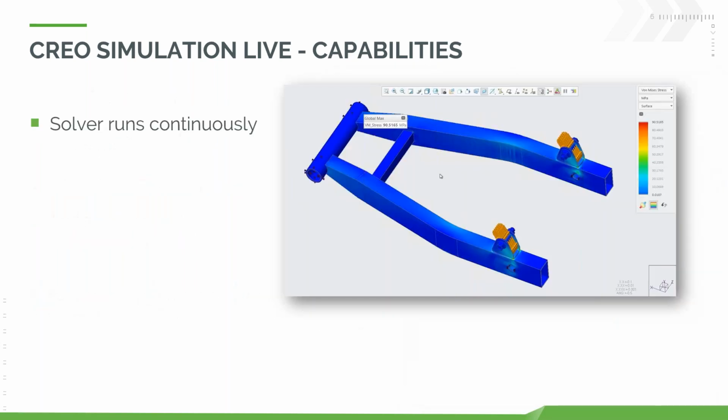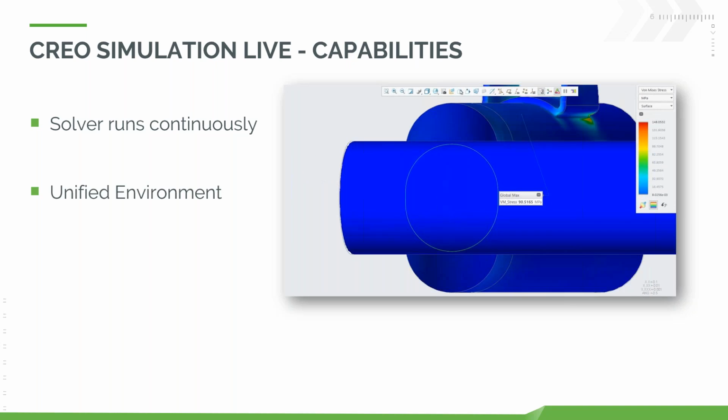In terms of the capabilities of CSL, the solver runs continuously in the background and entirely off of your graphics card. That means your more CPU intensive tasks like creating sketches and features are essentially unaffected by what CSL is doing. Everything that we do is taking place in Creo Parametric in one unified environment.